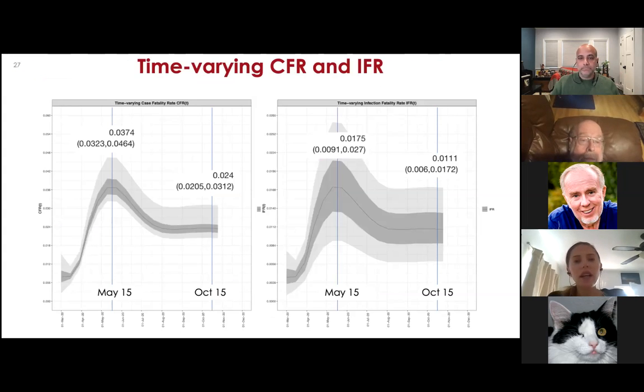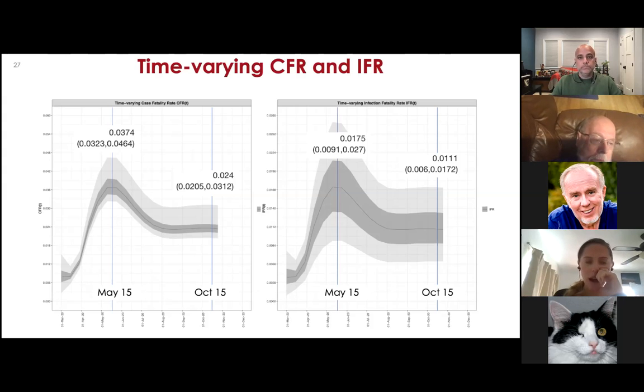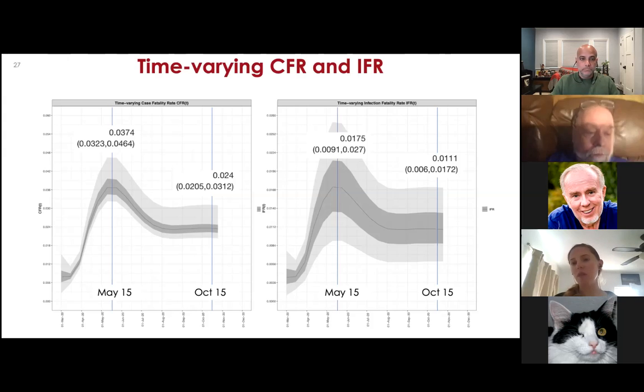Okay, so this is our time varying case fatality rate and infection fatality rate. And these are really interesting. Going back to when I was showing the model fits across all compartments slide, we have all of these pieces of information that we're fitting together.